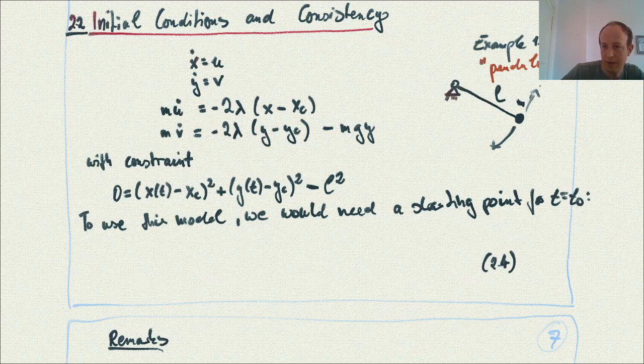You can think of, if the mass was somewhere else, you would have a different prediction.